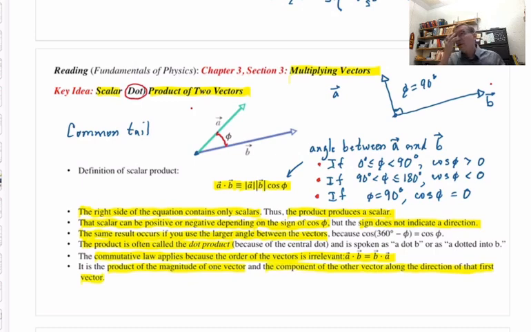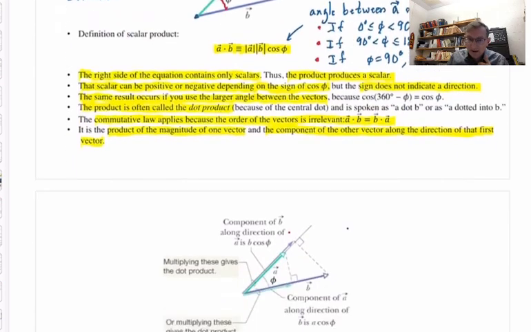And the component of one vector along the direction of another vector is sometimes called the projection of the first vector along the direction of the second vector. So the scalar product is, take the product of the first vector and the projection of the second vector along the direction of the first. Now that needs a picture to help you try to absorb that. So now let me show you the picture.